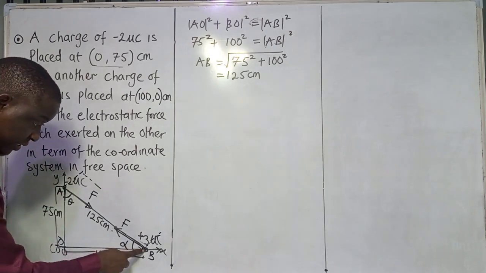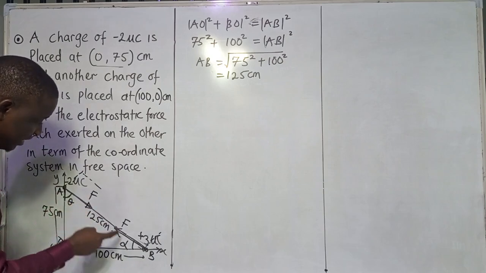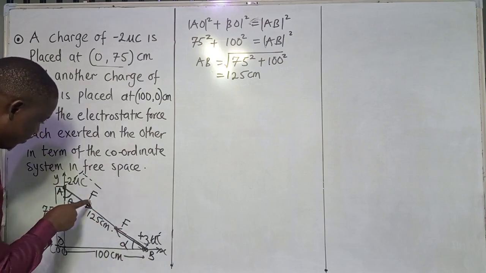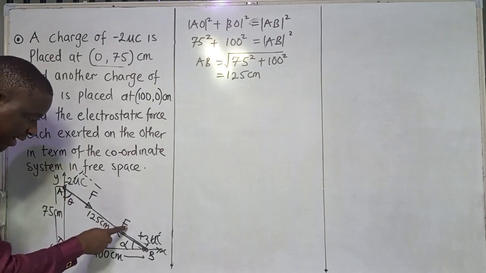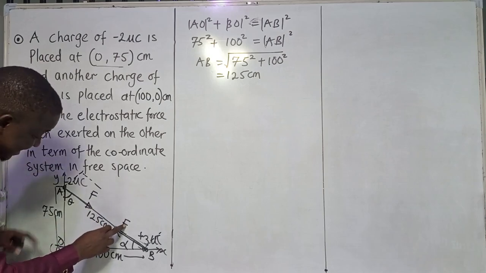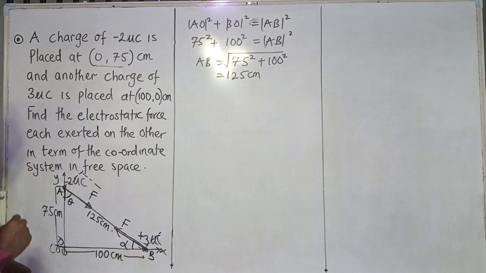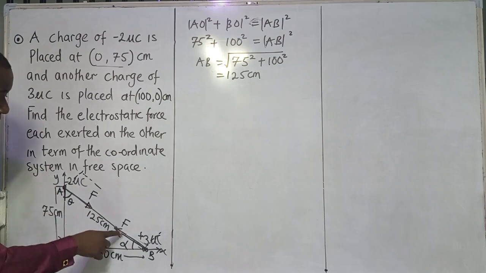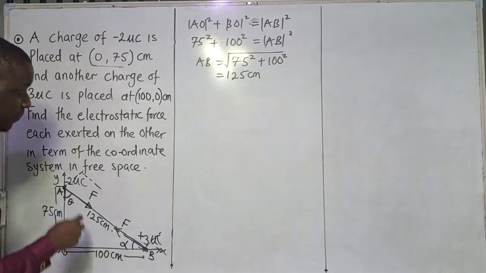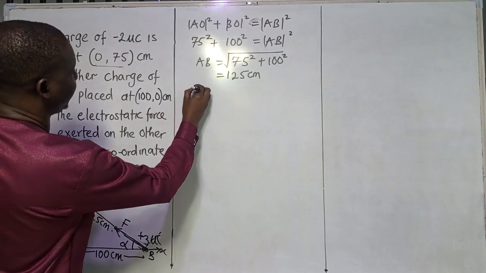The force of B on this charge is this one. So this one is B on A, while this one is A on B. So this force, who created it? This one. This force, who caused it, is this. So take note of that. But we have to calculate each of them.